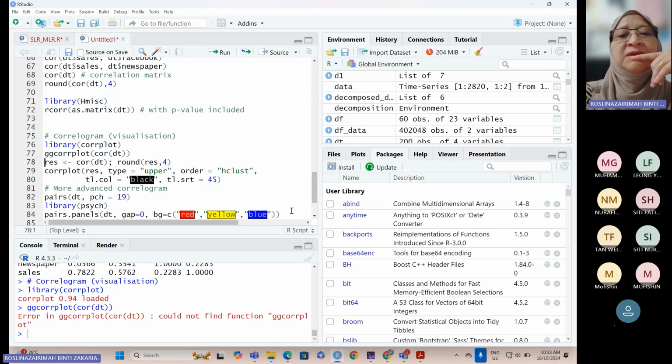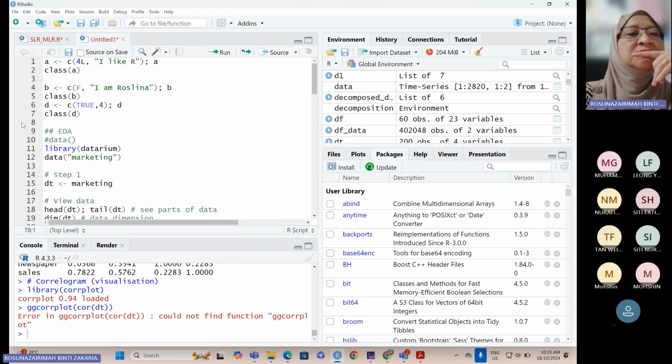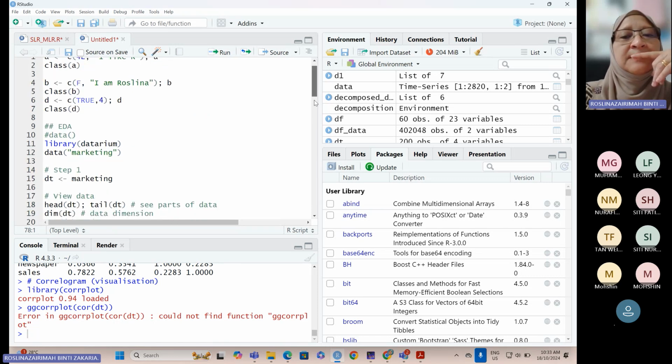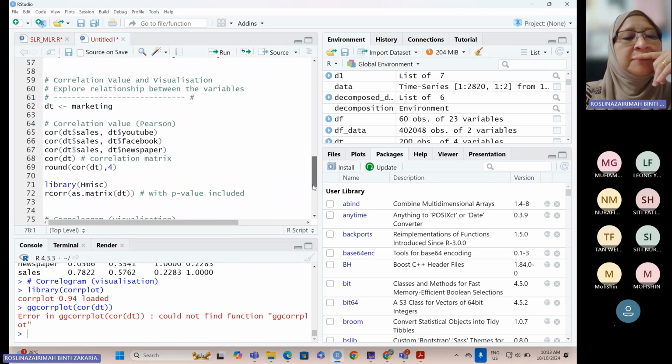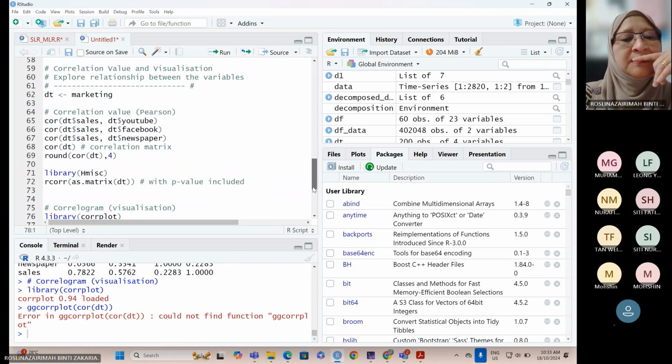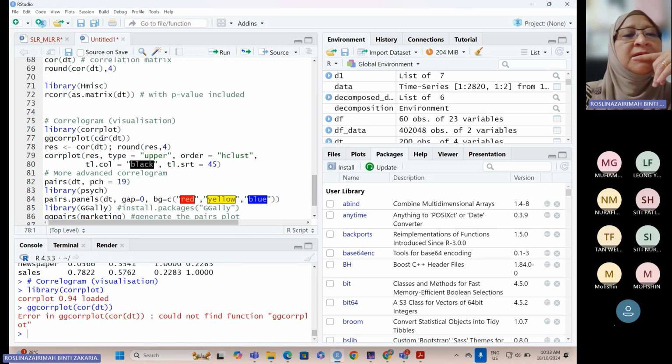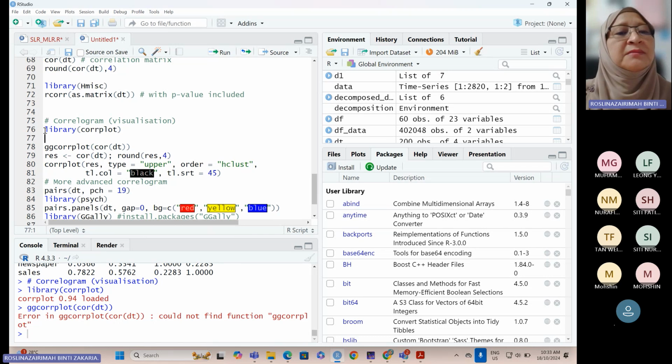Oh, it's not there, it must be at the top. I forgot to install. Cannot find ggcorrplot. Maybe not this one. I forgot where I put it.